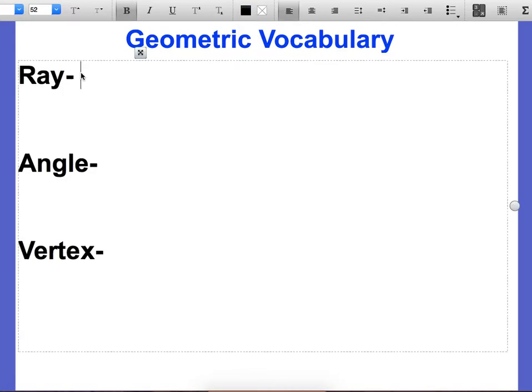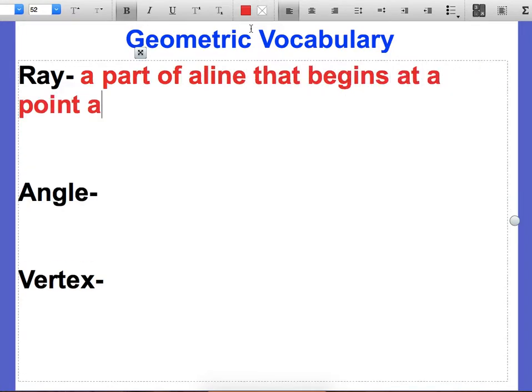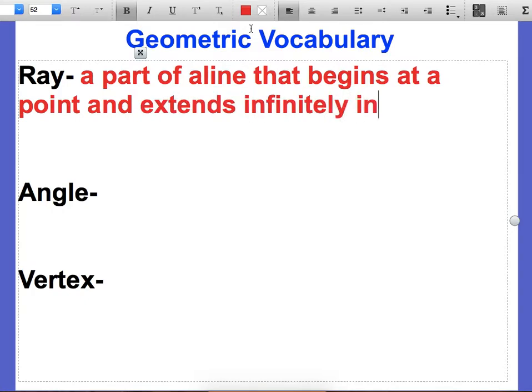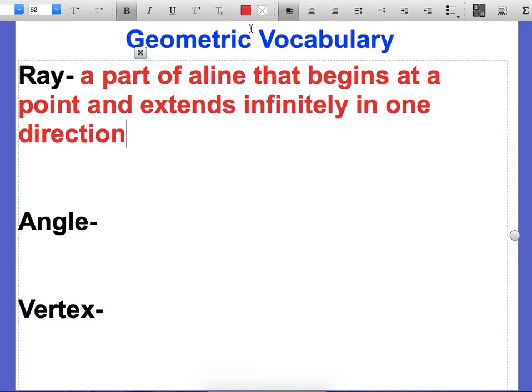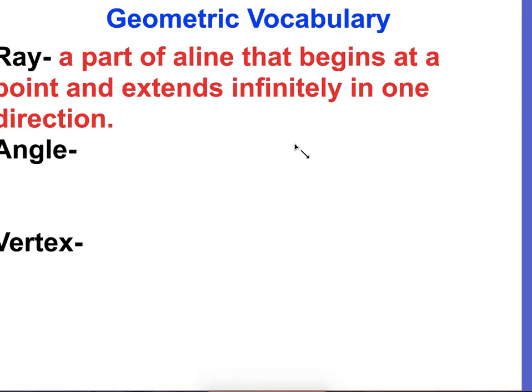All right, ray. So ray is next. A ray is similar to line segment. It's going to be a part of a line that begins at a point and extends infinitely in one direction. Okay, and a ray would look like this.